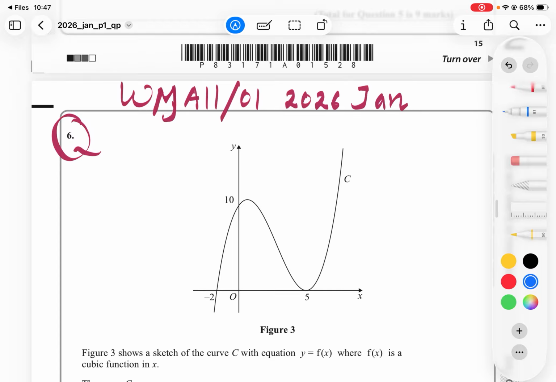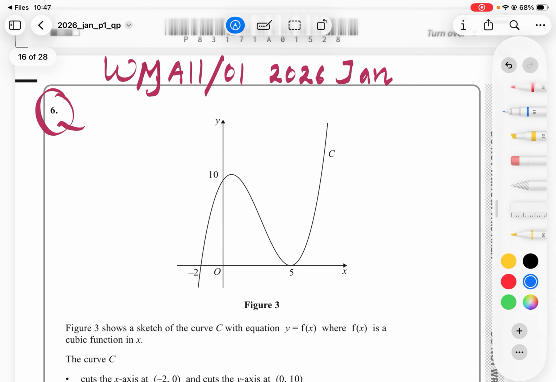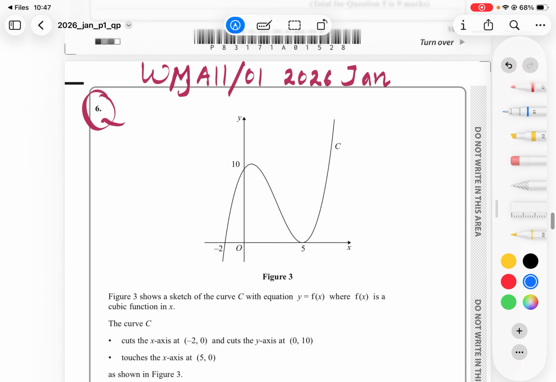Let's start with question number 6. So in the graph, we can see this is a cubic expression, f(x) is a cubic expression of x, and also this is a turning point. These are the solutions, and here it cuts the y-axis, so we have plenty of information.